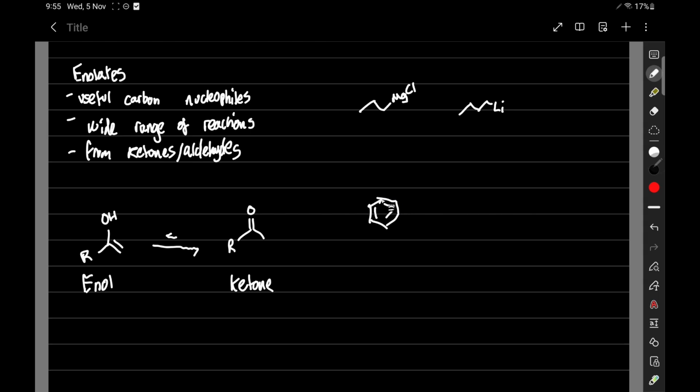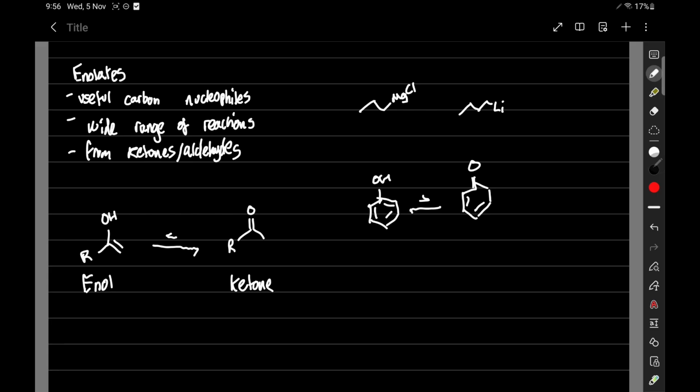So phenol, you can clearly see that is an enol because it has the double bond next to the OH group. But this is a special case because the resonance keeps it in the enol form. Because if I were to make a ketone out of this, it would look horrible, like this.